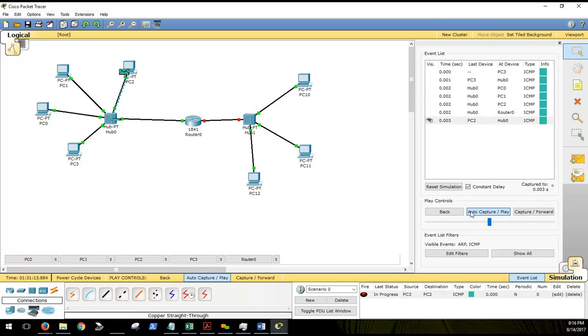And you see that router 0 stops the packet from going any further because it knows it doesn't. It just doesn't go out there. Right, because it can't go out further because it breaks it up.